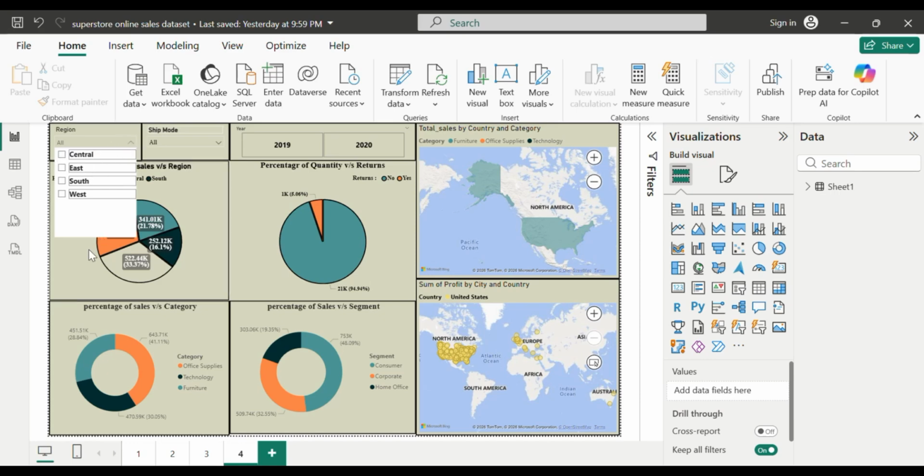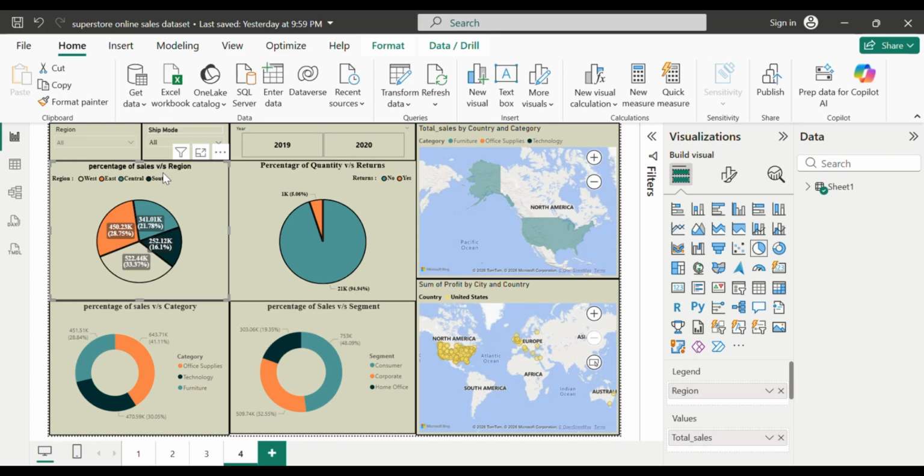Total percentage of sales result: the West side is 33% of total sales, East side 28.72%, Central side 21.78%, South side 16.1% of total sales.